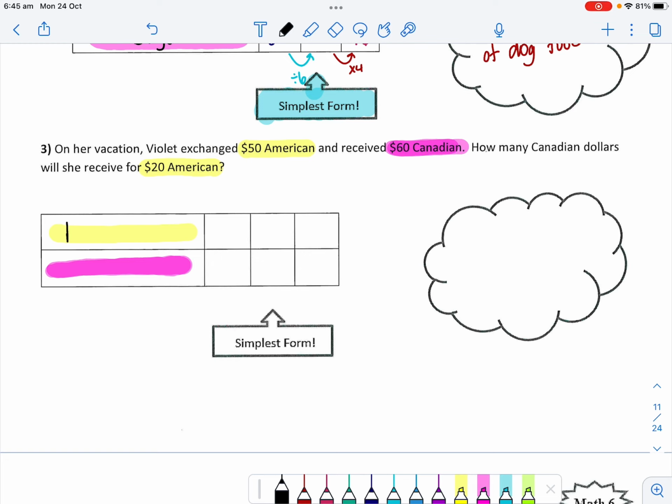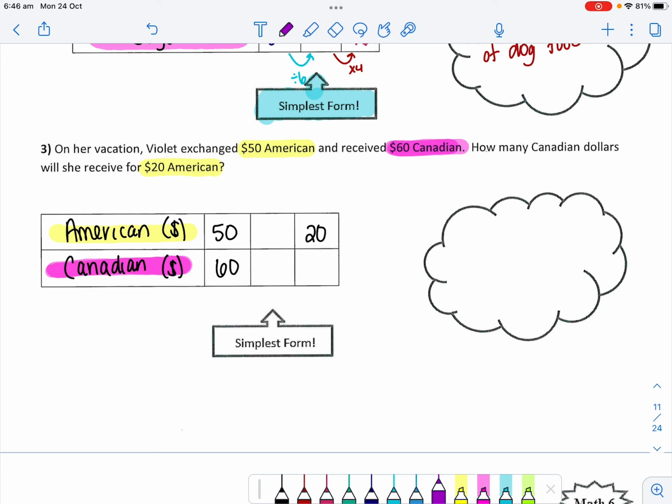So I'm going to say American dollars and Canadian dollars, however you want to notate that. And then I've got 50 American dollars, 60 Canadian dollars. And it says, how many Canadian dollars will she receive for 20 American dollars?